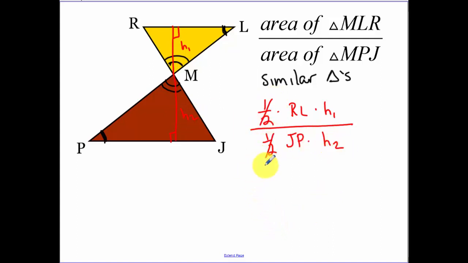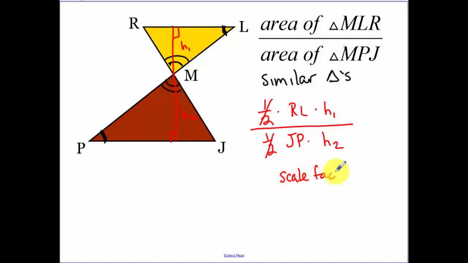So again, the 1/2's cancel. So RL and JP, when you have those ratios, RL over JP, that's the scale factor. And the ratio of RL to JP is the same thing as H1 to H2.